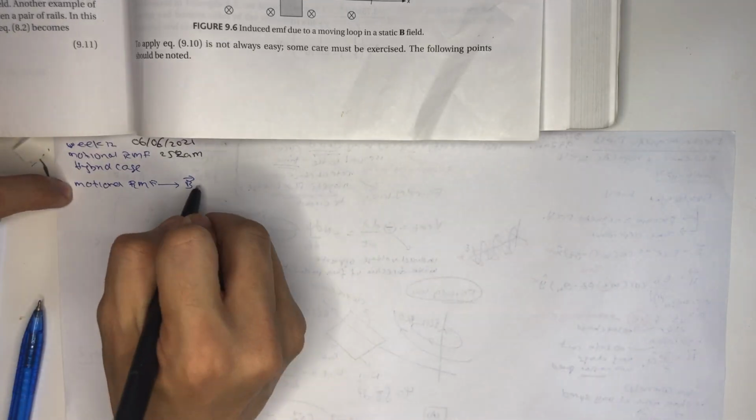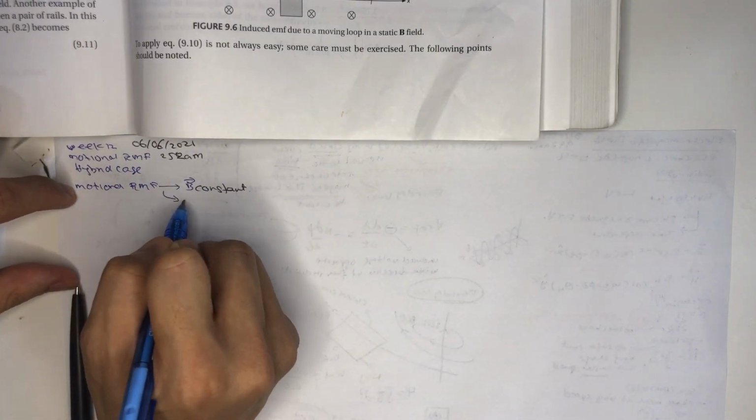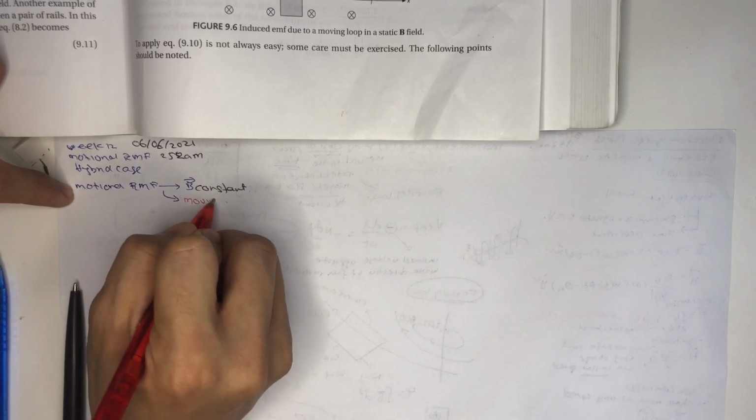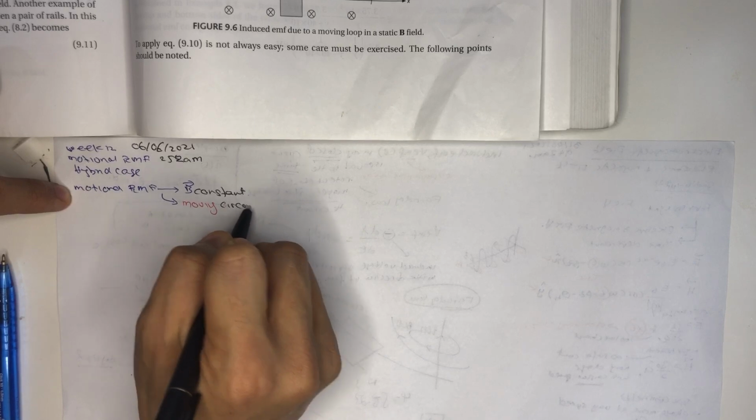Our B is constant, but we have a moving circuit. Our circuit is now moving.